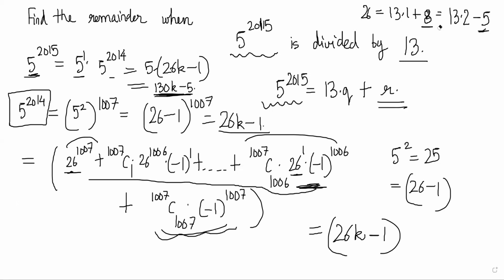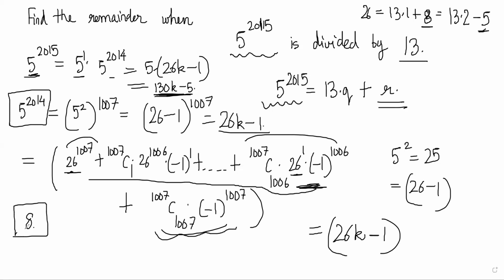So minus 5 remainder is equivalent to 8 remainder, right? I don't know which integer will come, but I know 8 will be the remainder, because when you think of remainders, negative remainder means it's 5 less than the next multiple of 13, right? So the answer will be 8 then.